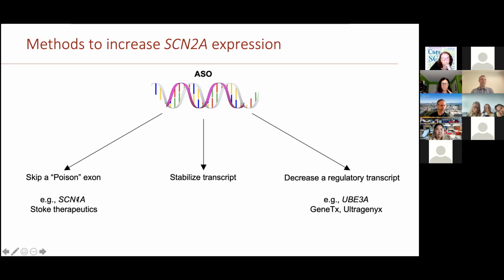Some absolutely beautiful work done by Stoke Therapeutics did an experiment to see what the potential was to remove these poison exons and increase the expression. They found that SCN1A was a really good candidate for this, and have pursued that as a direction. So skipping a poison exon is one possibility, so long as there's a poison exon there to be skipped.